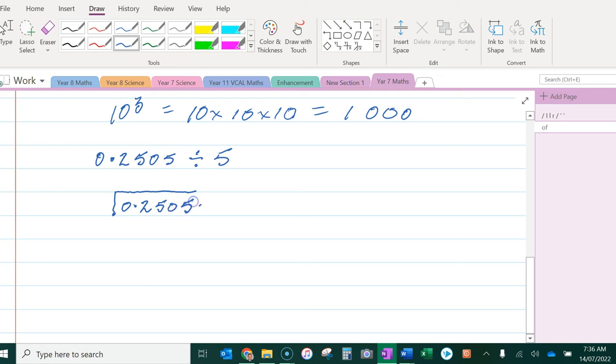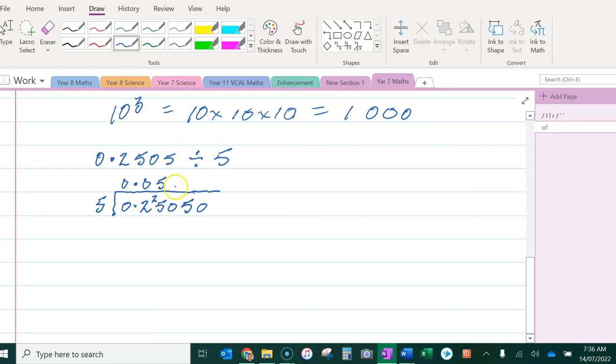0.2505. We can add zeros on there just in case, as many as we need, and we've got 5 here. So we put our decimal point where it should be. Then we come up here and divide. 5 into 0 won't go. 5 into 2 won't go. Carry the 2. 5 into 25 goes 5 times.